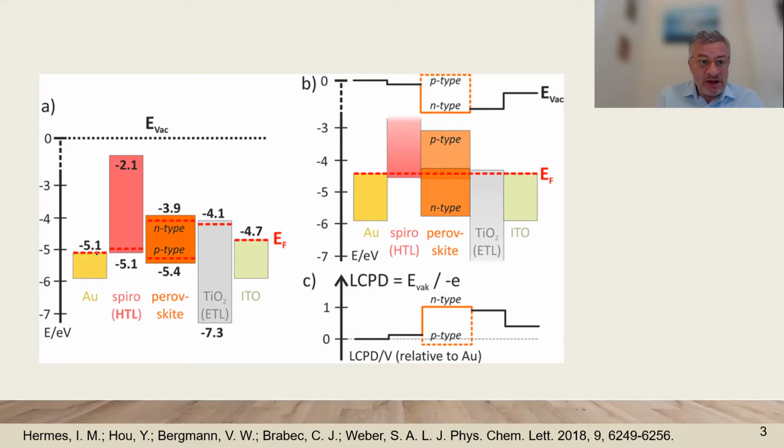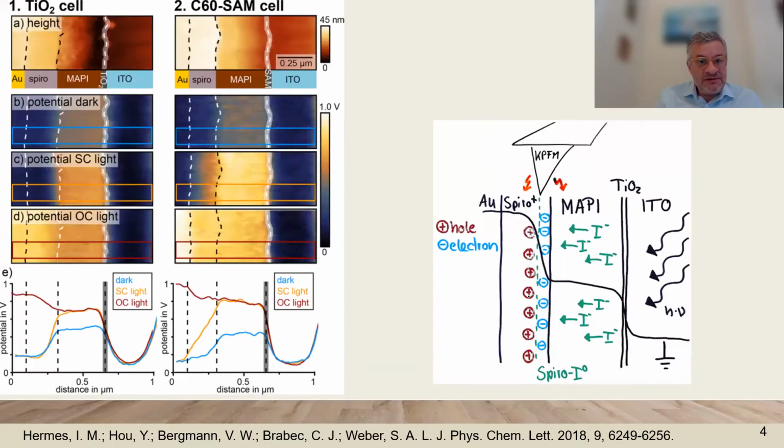So here the built-in voltage will be the initial difference between gold and ITO. This is about 0.4 electron volts, so that this difference in the end is 0.4 electron volts. This energy difference can be measured in several ways.